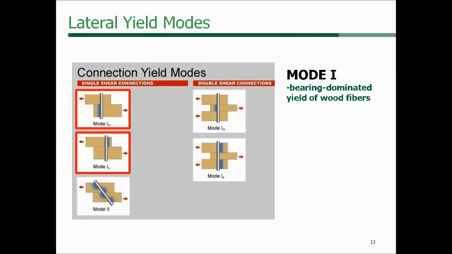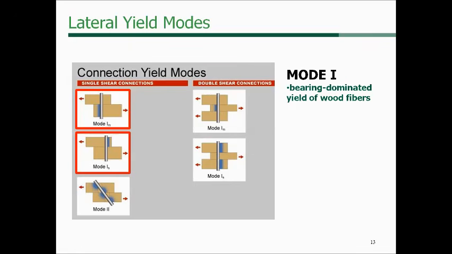So different diameters of fasteners, different specific gravities of wood members. We're connecting wood and steel and concrete in certain types of fasteners. So these yield modes are kind of broken down this way.